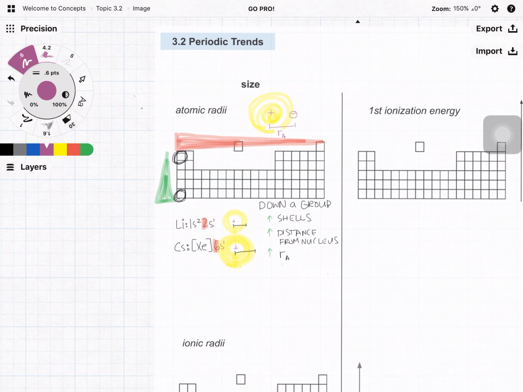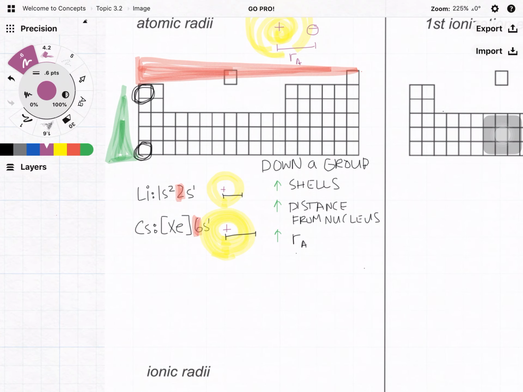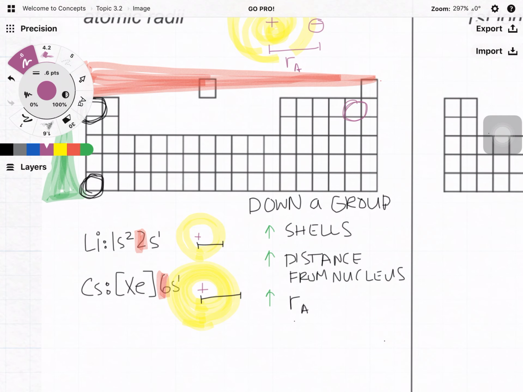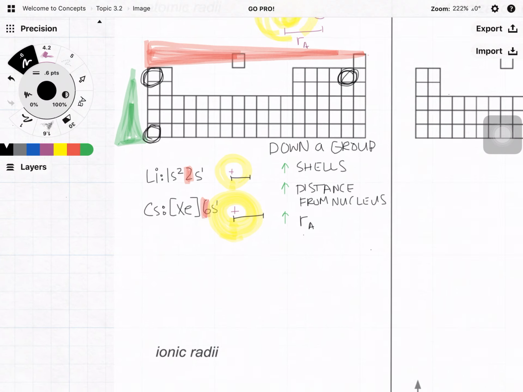Now let's get a little bit trickier. As we go across a period, our elements get smaller. So this one's a little tricky. Let's compare lithium with fluorine. So they're in the same period, but fluorine is much smaller. Let's figure out why.